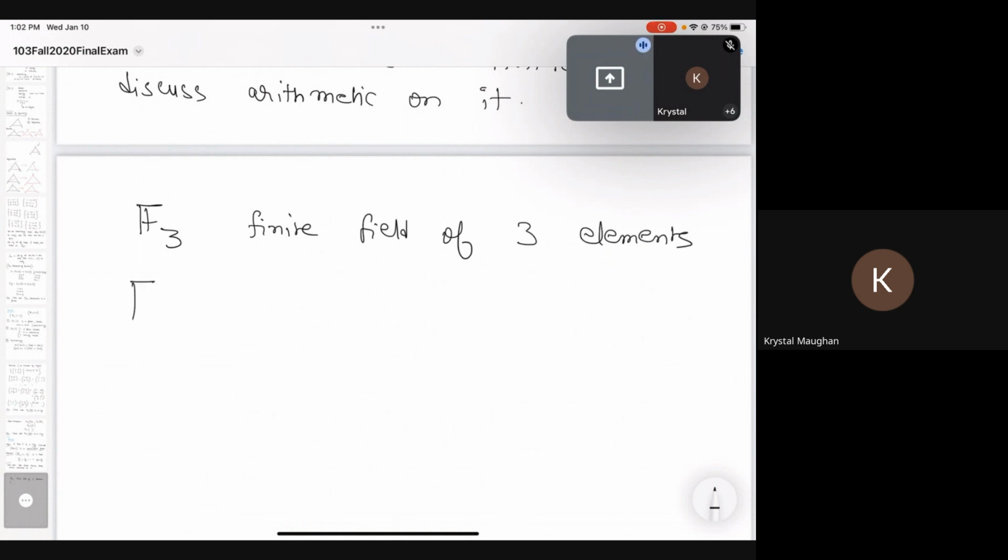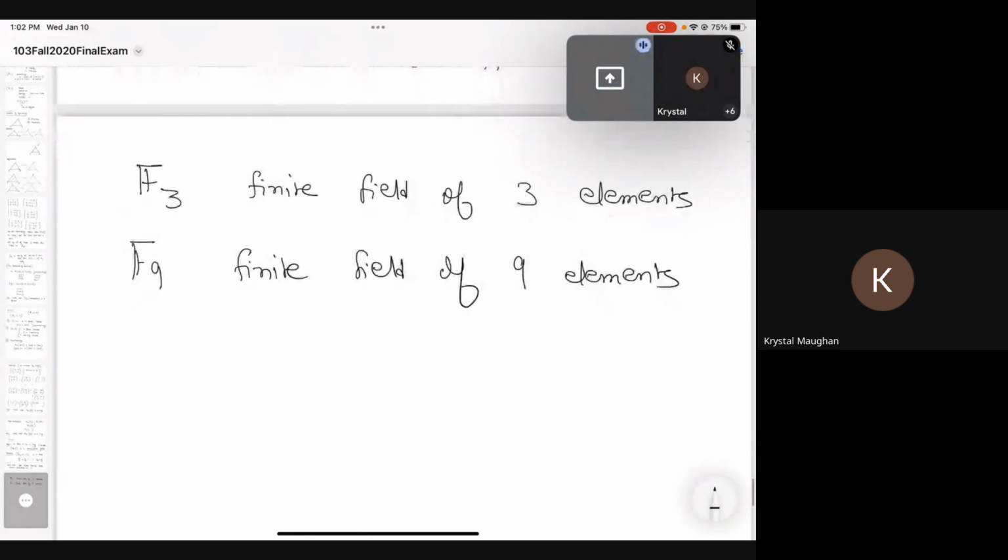And F9, which I'm assuming you're talking about, is a finite field of 9 elements. This is not what one usually thinks. F3 is basically Z mod 3Z, right? So we take congruence classes 0, 1, and 2. F9 is not Z mod 9Z.